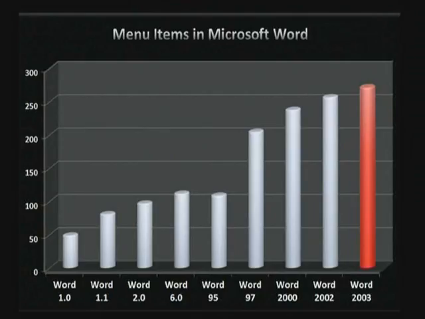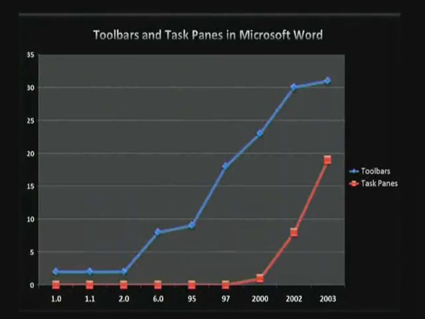You could find what you wanted. But when you ended up with almost 300 items, it was pretty hard to format a font because you couldn't find it, rotate the font and everything else. And we had a problem with task panes and toolbars as well. Now, when we had one toolbar, it was great, but as you grew up there and ended up with 30 plus toolbars, where the heck are you going to put those things?